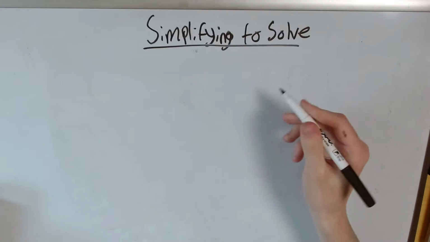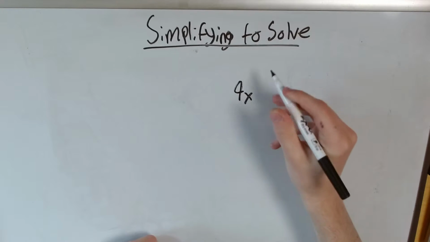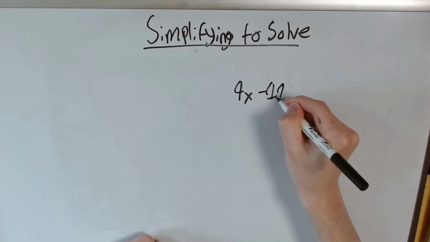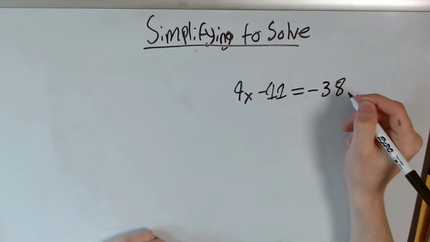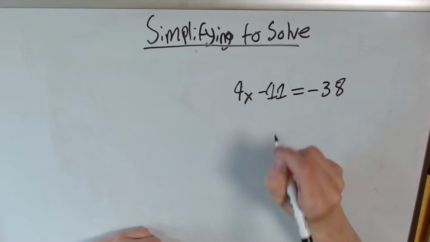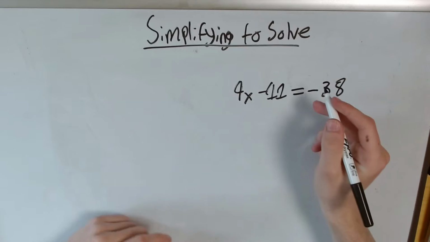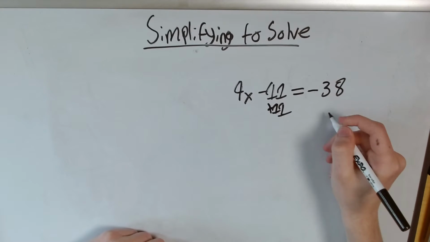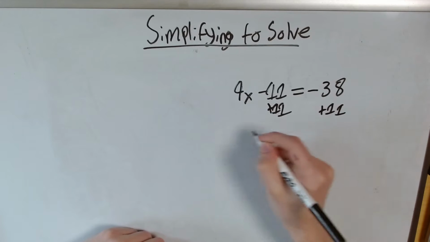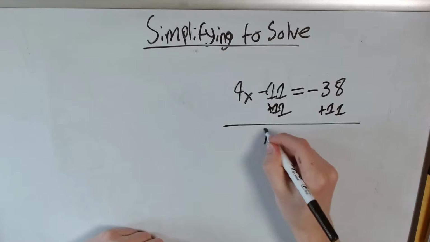Say I have something like 9x minus 11 equals negative 38, right? Well, I'll need to get rid of addition and subtraction first to get the x all by itself. So I'm going to add 11, because negative 11 plus 11 is 0. Again, this cancels out.